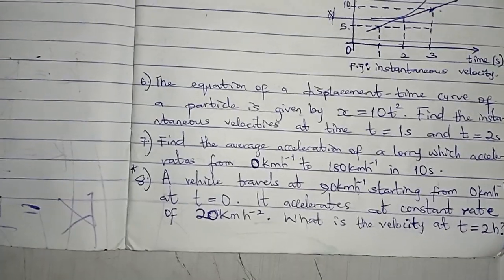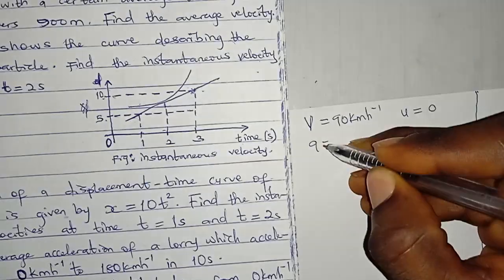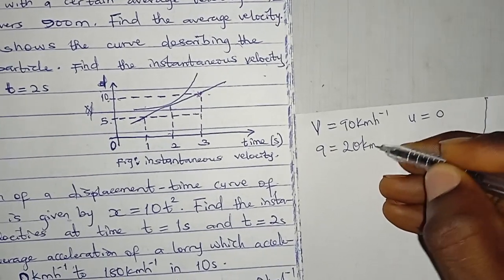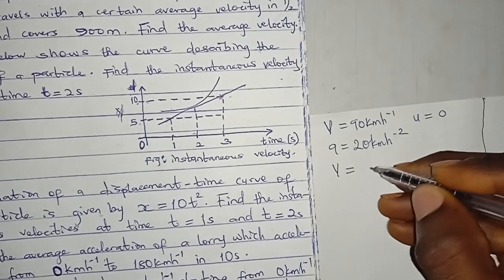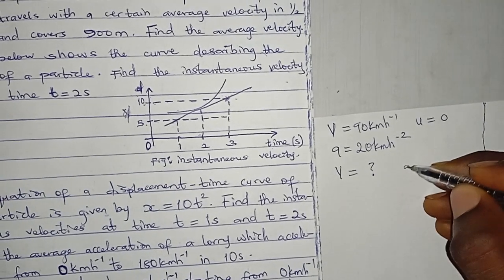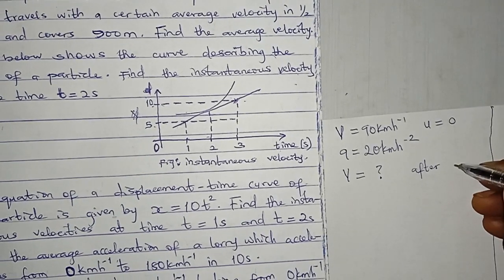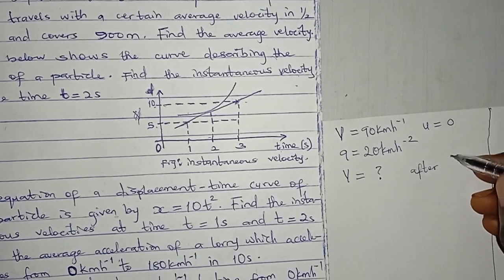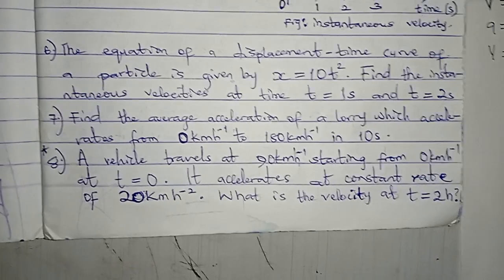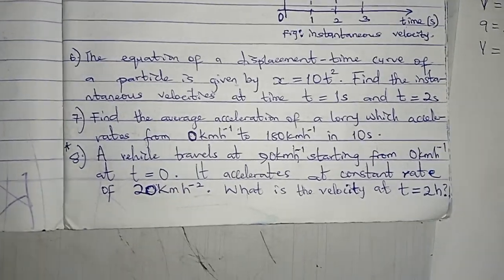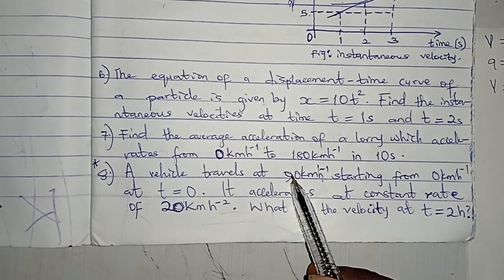So it now accelerates for 20 kilometers per hour. So acceleration is 20 kilometers per hour squared. Then they're asking us what is the velocity after 2 hours, at t equals 2 hours. So that means automatically at t equals 2 hours, this becomes our initial velocity.